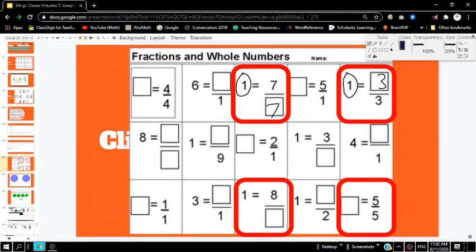Pause the video and see if you can do the other two problems on the bottom. All right, so now you know any number over itself equals 1. So 8/8 is 1, and 5/5 is 1.